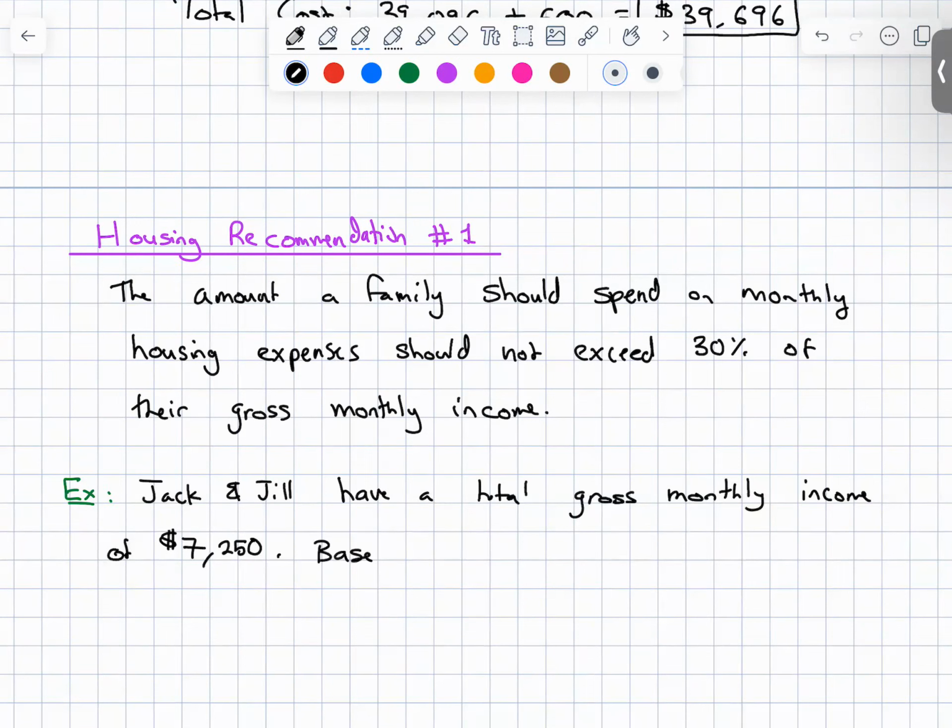Based on recommendation number 1, what is the max they should spend on housing?